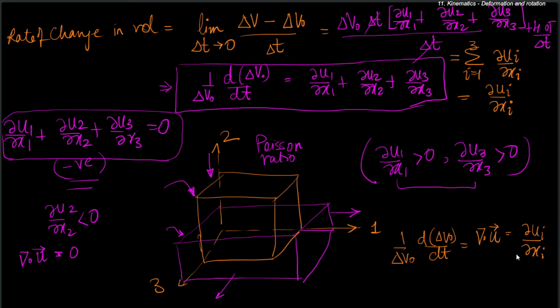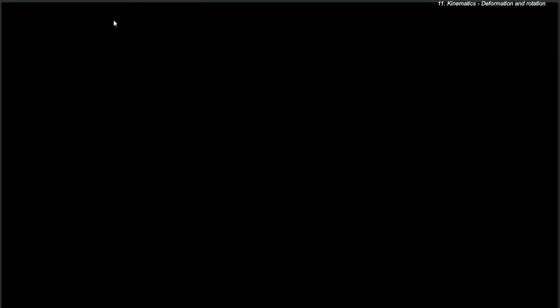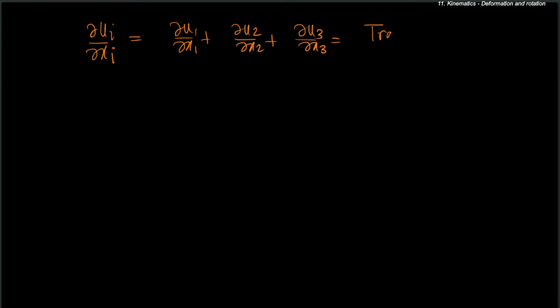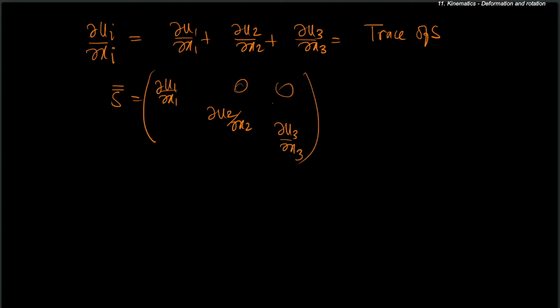And the observer may also note that ∂ui/∂xi is essentially ∂u1/∂x1 plus ∂u2/∂x2 plus ∂u3/∂x3, and it is nothing but the trace of S, because the tensor S has ∂u1/∂x1, ∂u2/∂x2, ∂u3/∂x3 on the diagonal. The off diagonal components are 0, it doesn't matter.